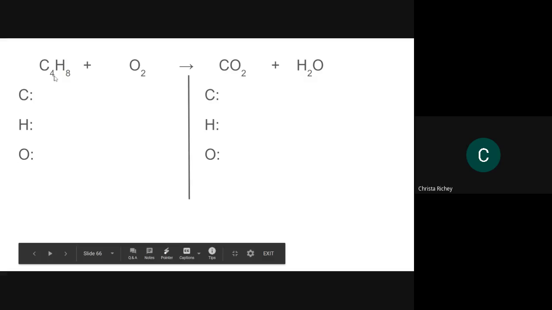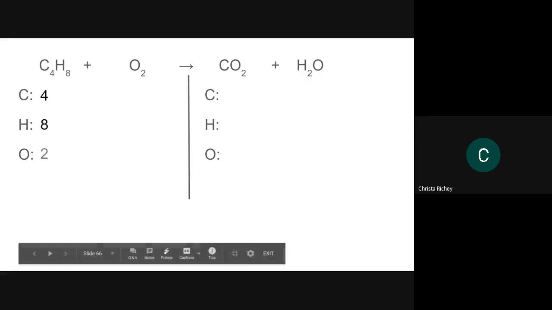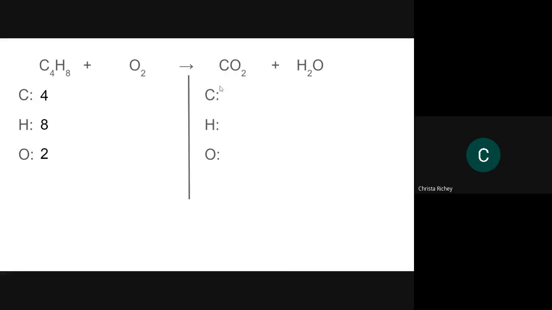Now you come back and you figure out how many you have. I have 4 carbons. I have 8 hydrogens. And on the reactant side, I have 2 oxygens. Now I'm going to come over to the product side. I have 1 carbon. There's no subscript, so that means 1. Now don't do oxygen next. Do hydrogen next.